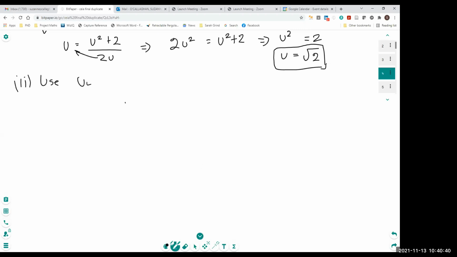Use U4 to find an approximate value of square root of 2.